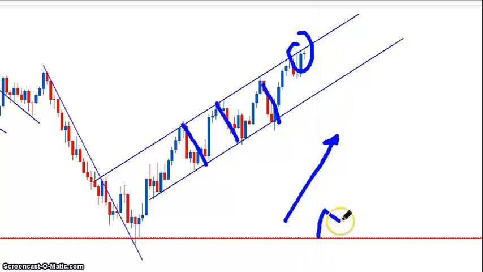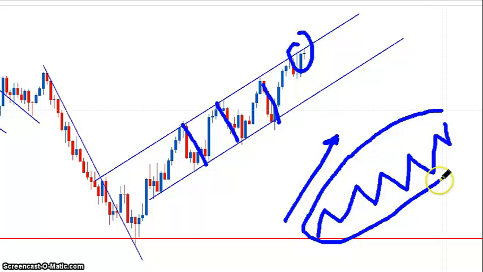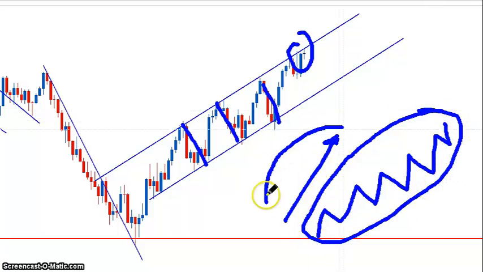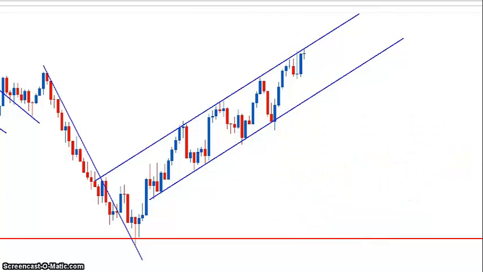But if the trend's moving like this, up and down and catching its breath and just making higher highs, that's a much more sustainable trend, and perhaps means a trend like this is actually a better long-term setup than a rally like this, even though this one is showing a lot more momentum and strength. So that's one way to look at it. It depends on your take on that.